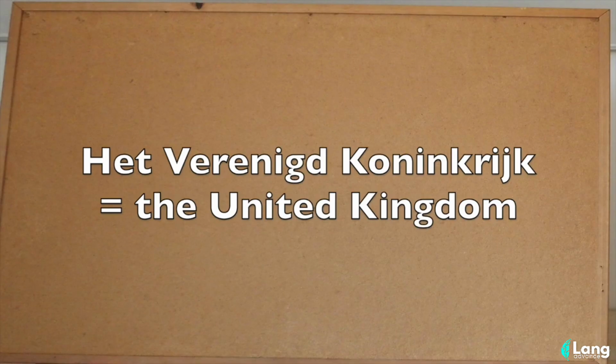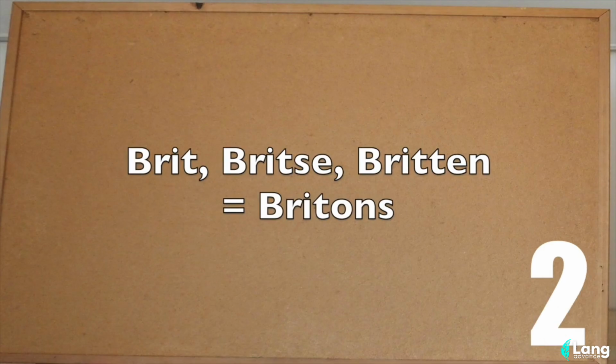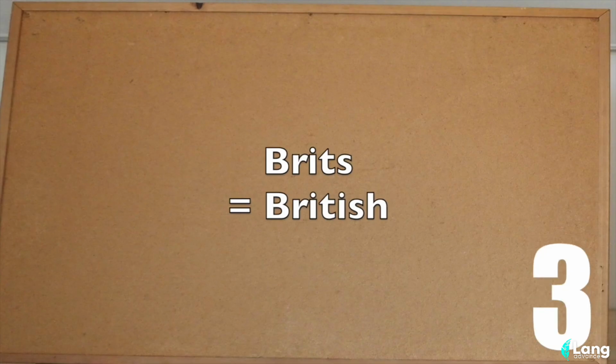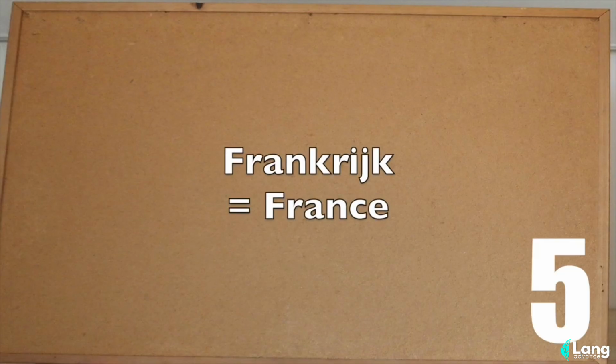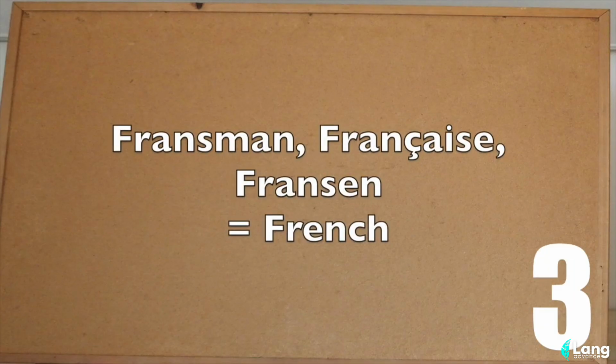Het Verenigd Koninkrijk, that's the United Kingdom. Britse, Britten, that's Britons from the United Kingdom. Brits, that's British. Frankrijk, that's France. Fransman, Française, Fransen.